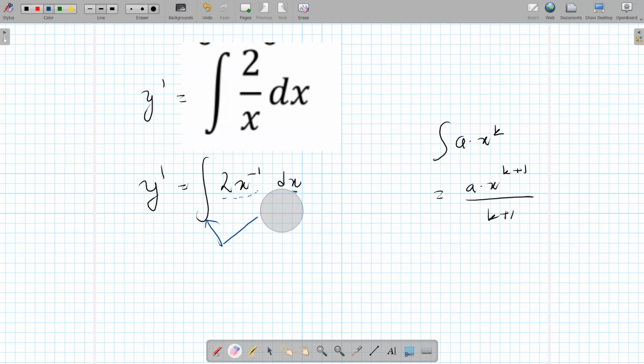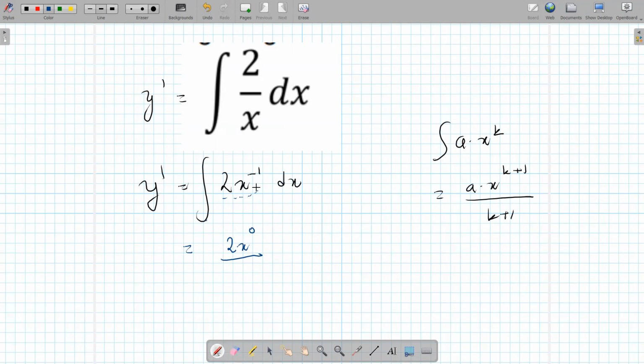Now think about this. Use the formula here. You're gonna get a very interesting result. Use this formula, what do you get as the integral? Two is gonna stay as 2, right? What about the x? How many x's do we have now? 0. What do we get on the bottom? So -1, right? This is our k right now.